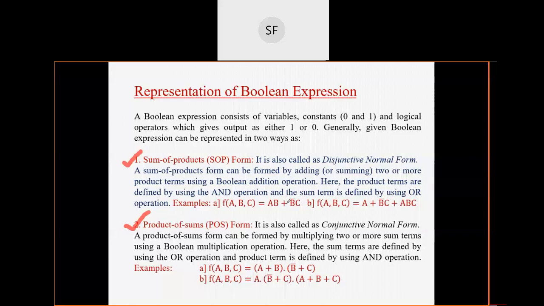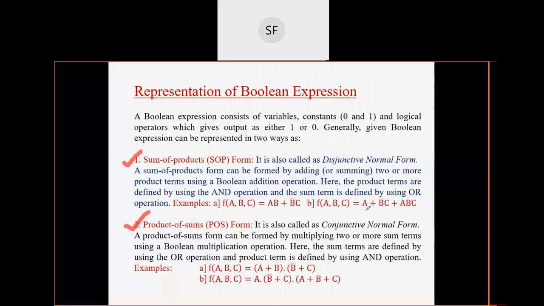There will always be a sum between two terms, and in these two terms there will be a product. Hence it is called sum of products. Here AB is one term, in product. B bar C is one term, also in product, and the sum is there of these two products. So hence it is called sum of products.